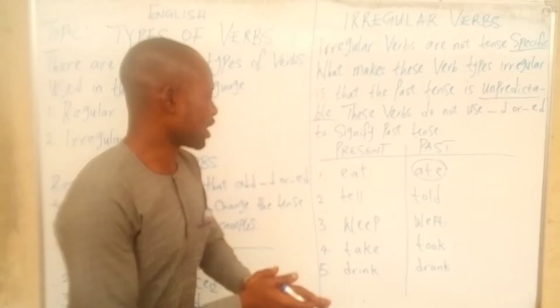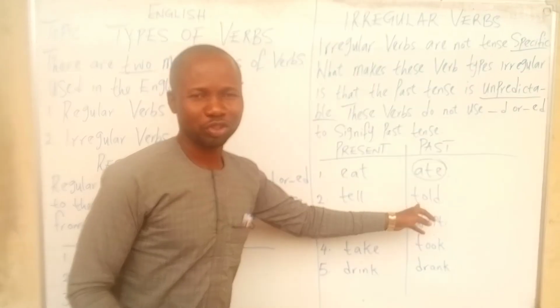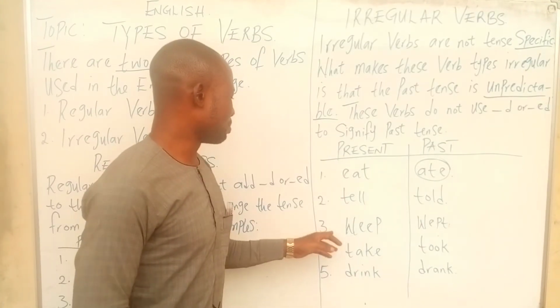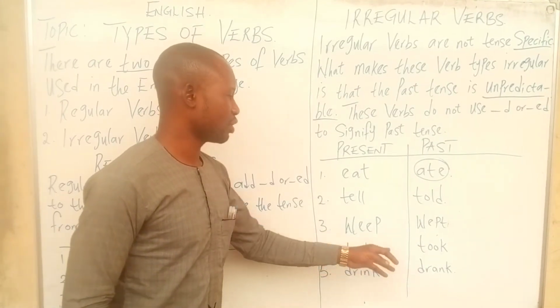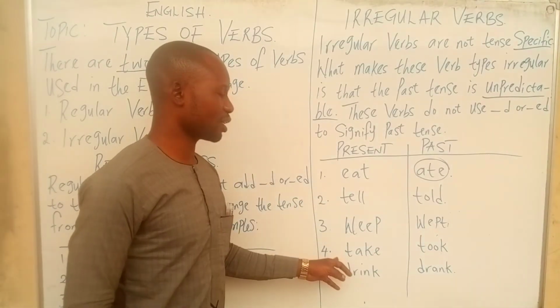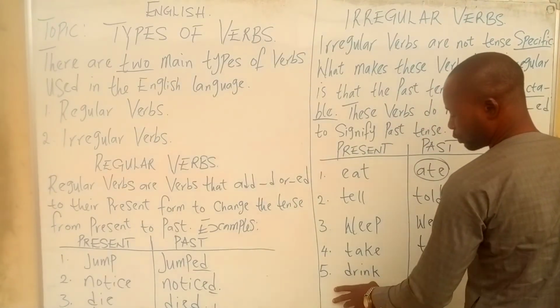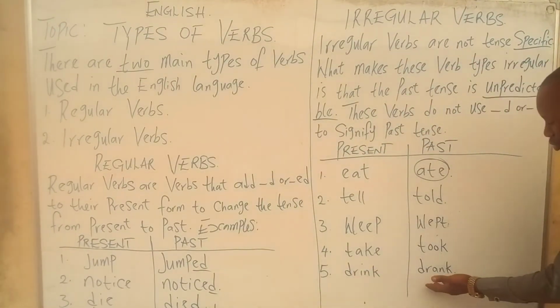Now, let's proceed to the next one. Tell, told. Past. In the present, we have weep. Past, we have wept. Number 4, take. In the past, we have took. The last one for today, drink, we have drank.